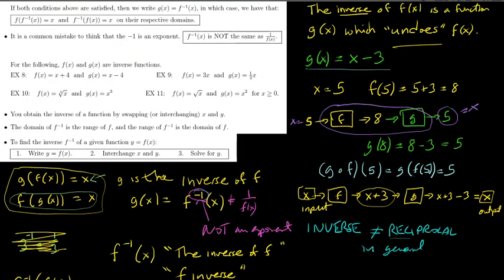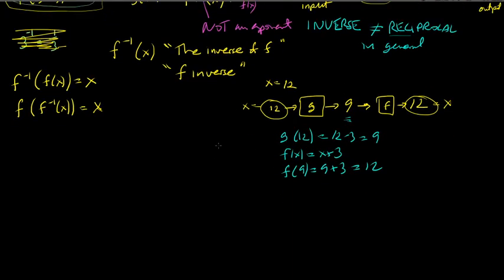Let's just write this down here again, hopefully to make it clear at this point. If my f of x takes x and adds 3, then the inverse, f inverse, which I formerly called g of x, now I'm calling f inverse of x. Well, what's the opposite of adding 3? Subtracting 3.